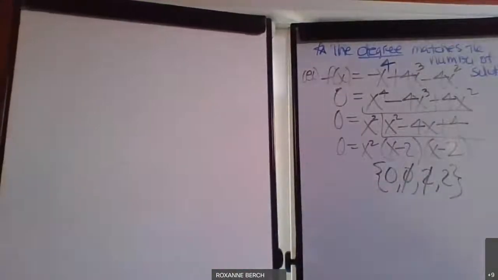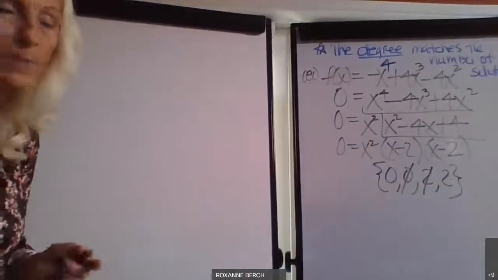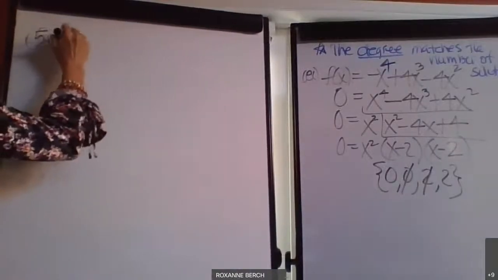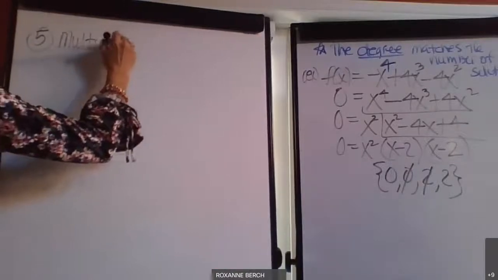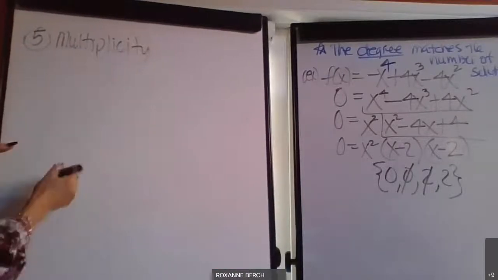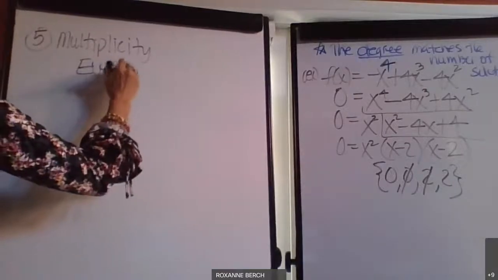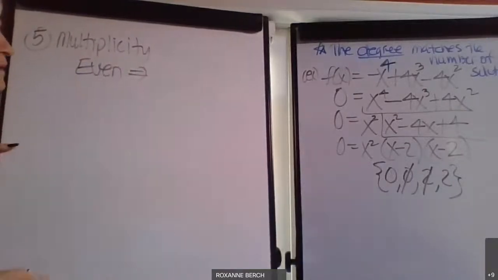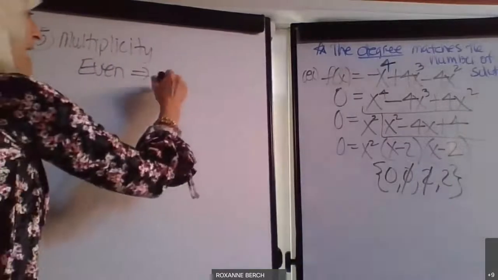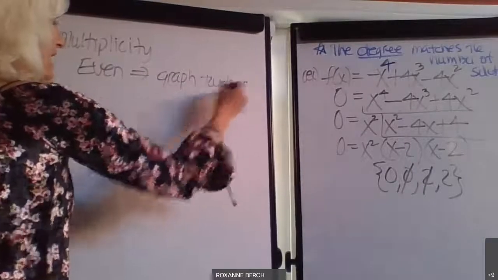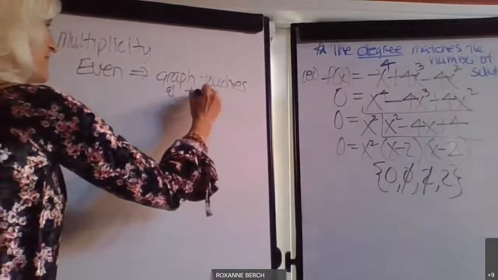In a minute, I'm going to talk about multiplicity. In fact, I'm going to talk about it right now. If you have an even number of solutions, the graph touches and turns at the x-axis.